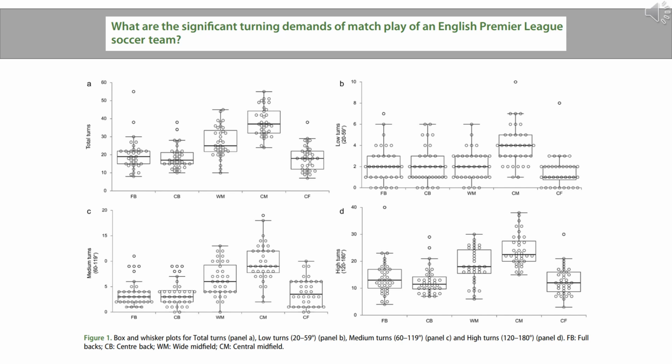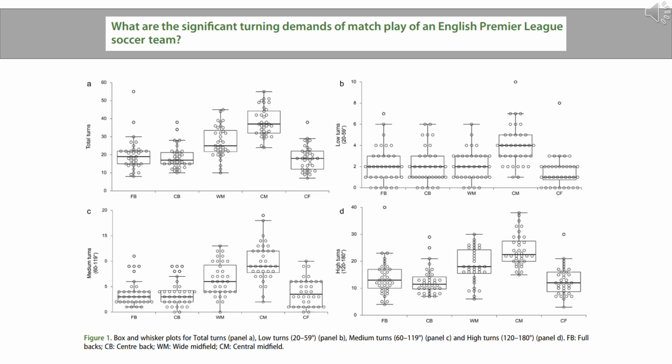Those turns have then been classified as small or low turns, and that is determined by the angles ranging from 20 to 59 degrees that the actual turn or change of direction happens by. A moderate turn is classified by 60 to 119 degrees, and then high turns or large change of directions classified as 120 to 180 degrees.